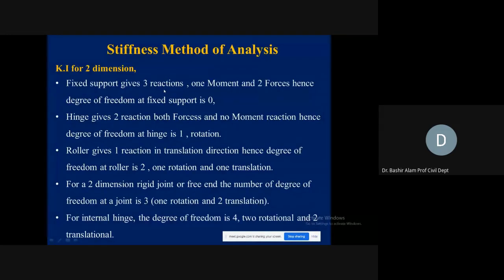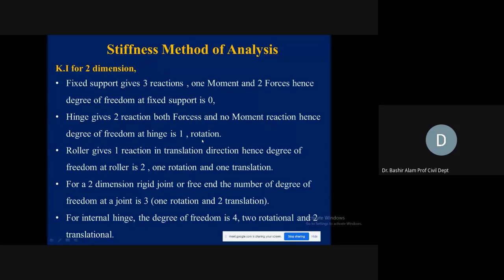That support is fully restrained, it is not allowing any movement, so it means it is a kinematically determinate point. Second bullet, hinge gives 2 reactions, both forces and no moment reaction. Hence, degree of freedom at hinge is 1, and that is rotation.